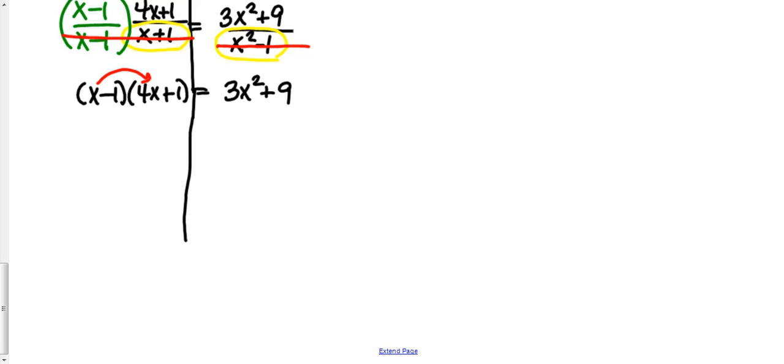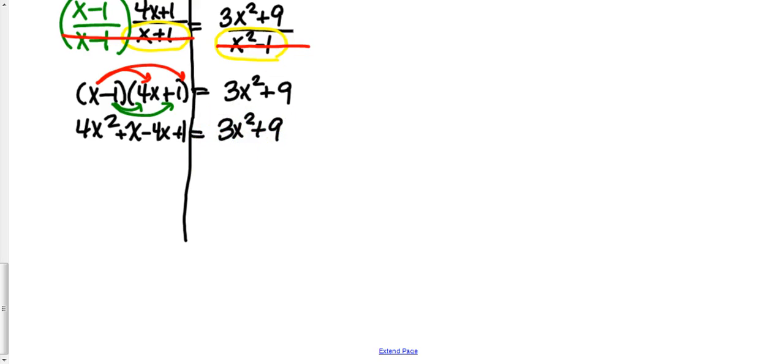x times 4x gets me 4x squared. x times a positive 1 is plus x. Sending in the negative 1 here in the denominator, in the bottom, we get minus 4x plus 1 equals, and 3x squared plus 9 is still here.